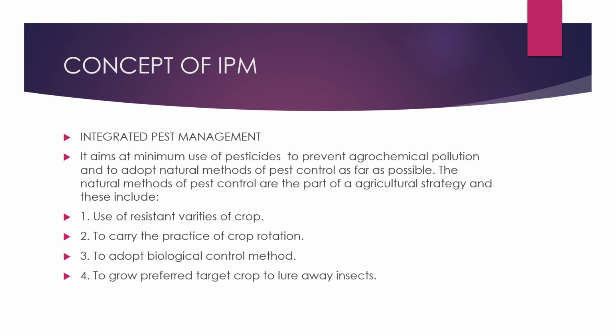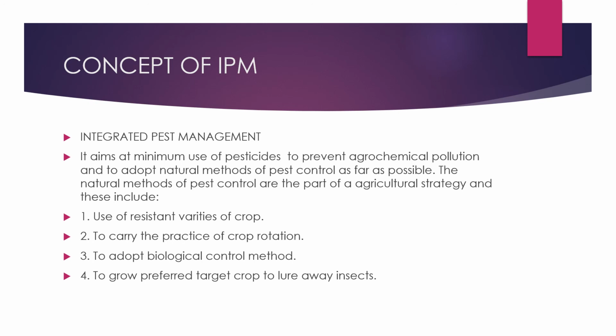This is one way, that we grow resistant varieties. And we should prefer some agricultural practices like crop rotation. Pests are specific, crop specific, so if we alternate the crop, in the second year the pests will not get the same crop, so they may die.